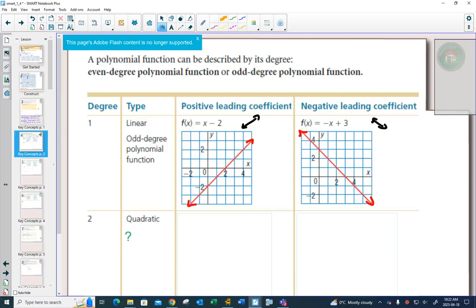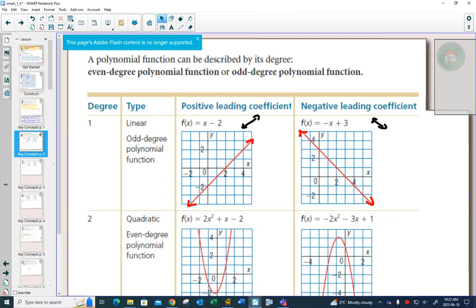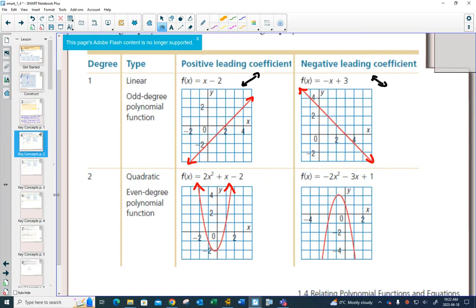If you had a parabola, any parabola where the leading coefficient is positive, those parabolas open up. So your end behavior, both sides are going up. And if you have a negative coefficient, that flips your parabola.